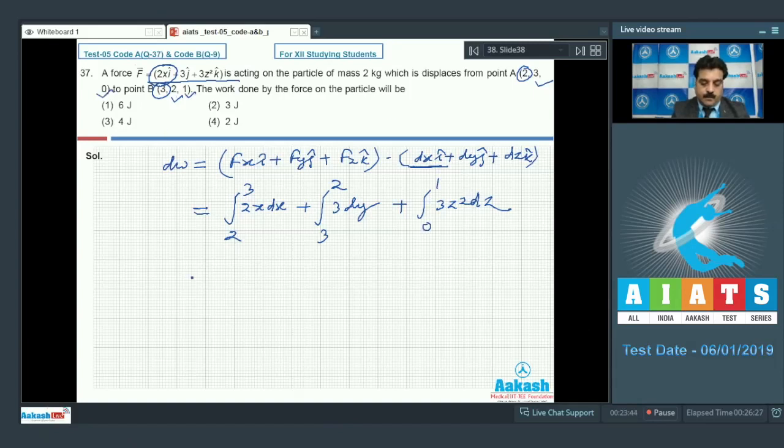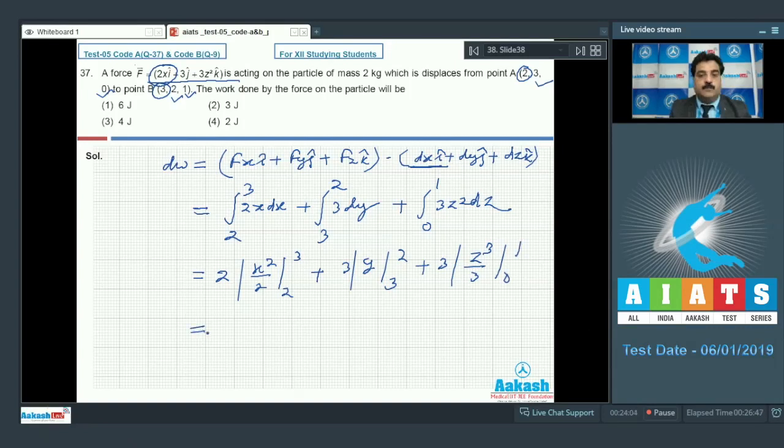So when you integrate, you will get x²/2 from 2 to 3, plus 3y from 3 to 2, plus 3z³/3 from 0 to 1. When you solve this integration, you will get 5/2 minus 3 plus 1. On solving, you will get plus 3 joule. So my option number 2 will be the right choice.